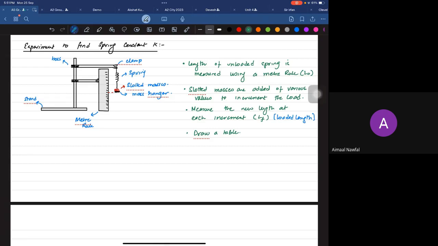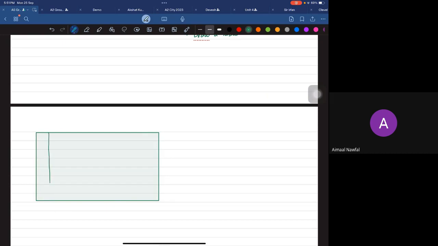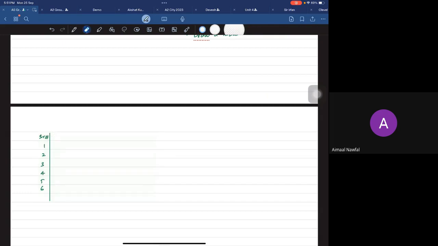All right, kids. So now, when you draw the table it should look like this. Generally, it's a good practice. I'm just gonna show you what to do, even in the practical exam. Your first column should be the serial number, where you got to take 6 sets of readings. All right. Then write what is the mass you've taken.